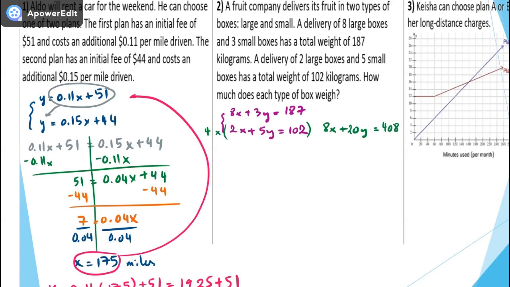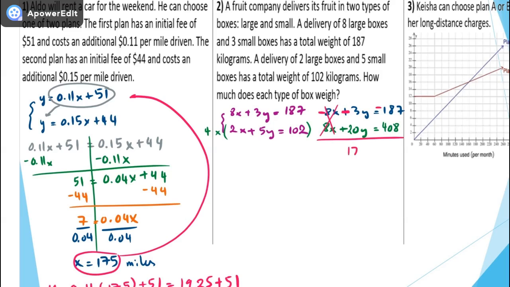Then we bring over 8x plus 3y equal to 187. To make one of them negative so that I can cancel out the 8x, I can multiply one of them by negative 1. So that will give me negative 8x minus 3y equal to negative 187. By doing that, it allows me to cancel out the 8x.